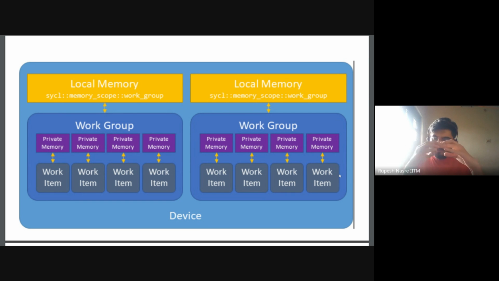So a work group can have n work items, from 0 to n minus 1, and each work item gets one unique local ID. Does everyone get what the global ID and local ID are?